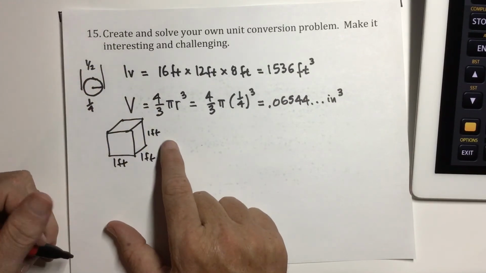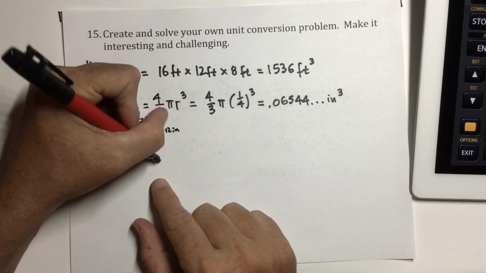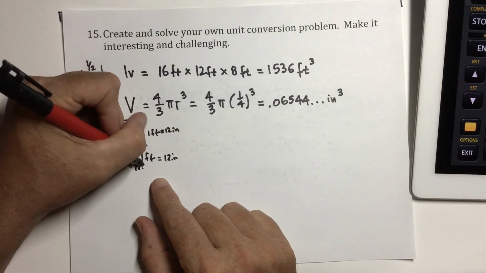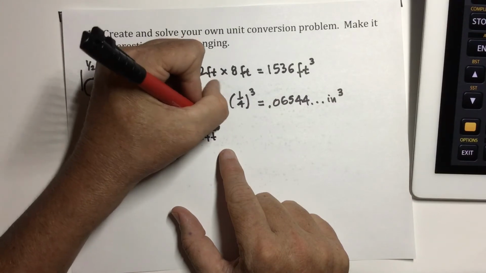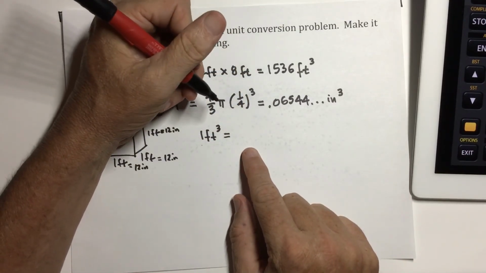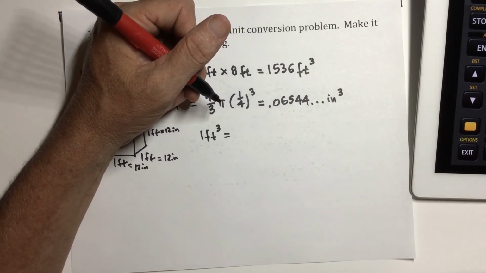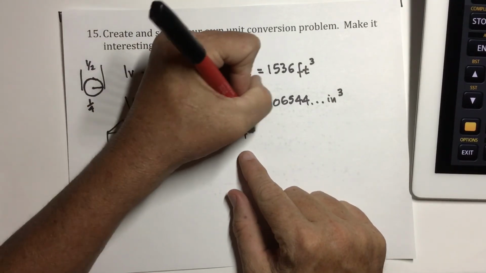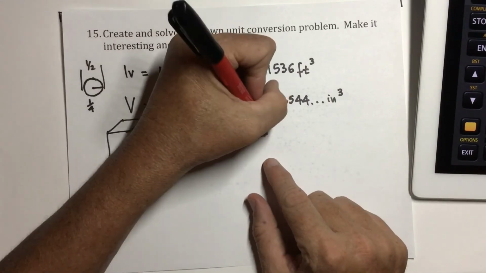Well, 1 foot, as you know, is 12 inches, so this is also 12 inches by 12 inches by 12 inches. So that means 1 cubic foot, 1 times 1 times 1, is equivalent to 12 times 12 times 12, or 1,728 cubic inches. Inches times inches times inches.